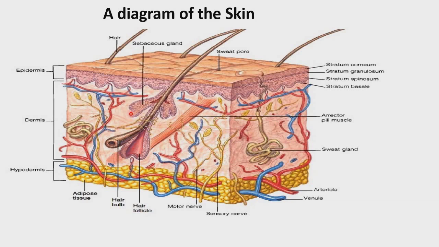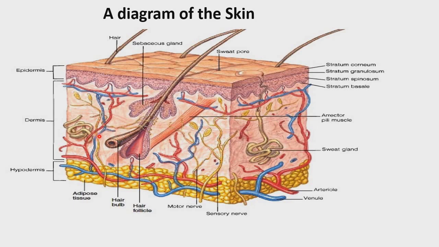Sebum is an oily substance that is found in the hair follicle. It keeps the skin waterproofed and flexible. It also keeps dust and microorganisms away from this particular area.